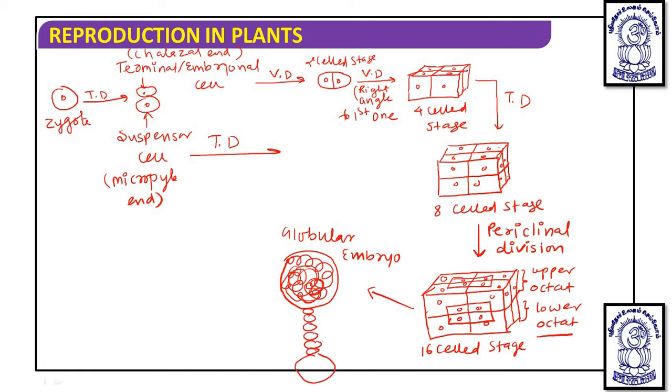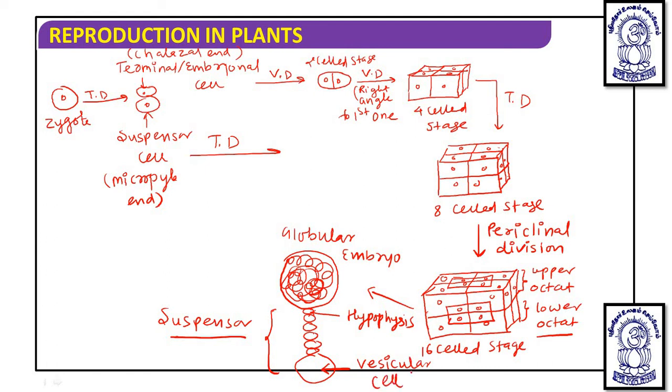The last one is the larger cell, and this is known as the suspensor. In this suspensor, the first cell which is attached to the globular embryo is known as the hypophysis, and the bottommost cell, which is exactly at the micropyle side of the globular embryo, is known as the vesicular cell.